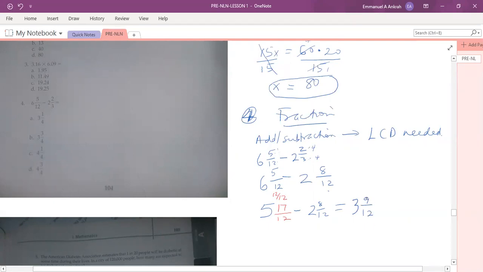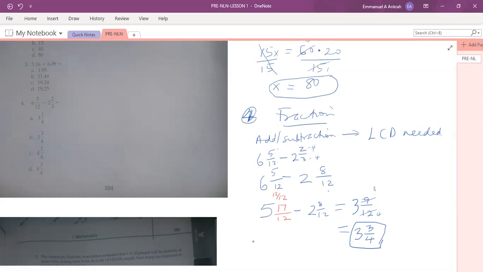Reduce to lowest terms. I can reduce 12 and 9. 3 into 9 is 3, and 3 into 12 is 4. We have 3 over 4. So it's 3/4. Okay. So the borrowing will help you a lot if you can do that.